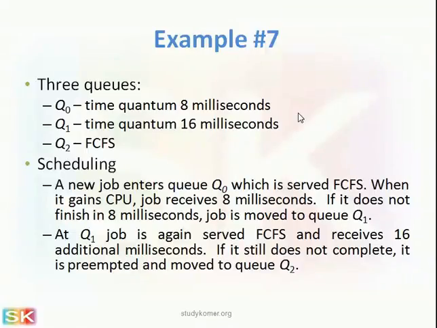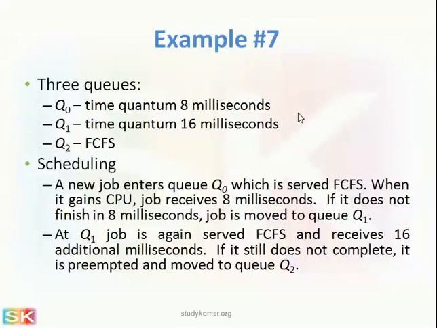right? At Q1, the job is again served FCFS. That means if multiple processes are there in the Q1 queue, then they will be executed in FCFS manner.